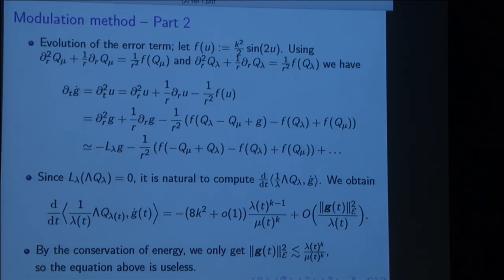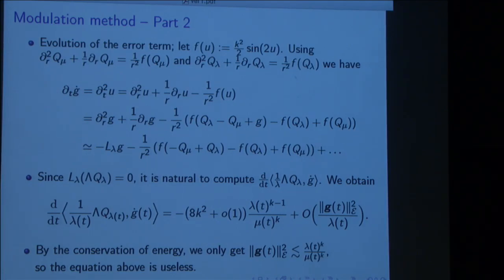Now we want to prove, to control, to find some parameter which is affected by the interaction. So here we compute the time derivative of this object, because it is in the kernel of the adjoint operator of the linear operator which gives the linear part. I also want to say that this modulation method is not specific to this equation.